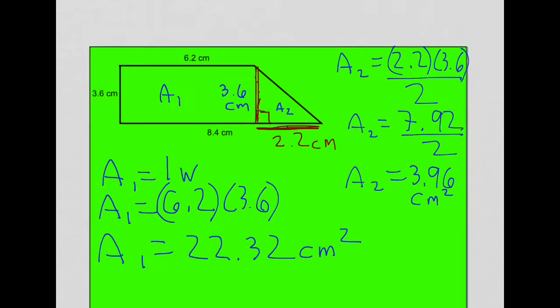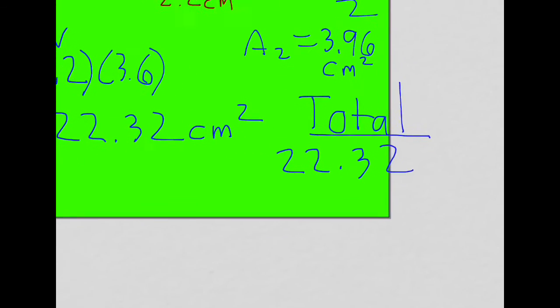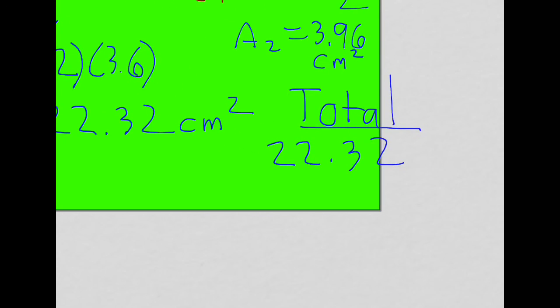So now that I have A1 and A2, I can do the total. To get the total area of that shape, I add up 22.32 and I add on to that the area of the triangular part plus 3.96.